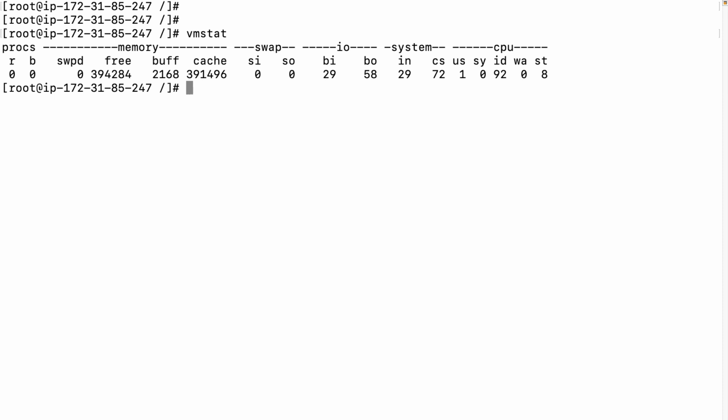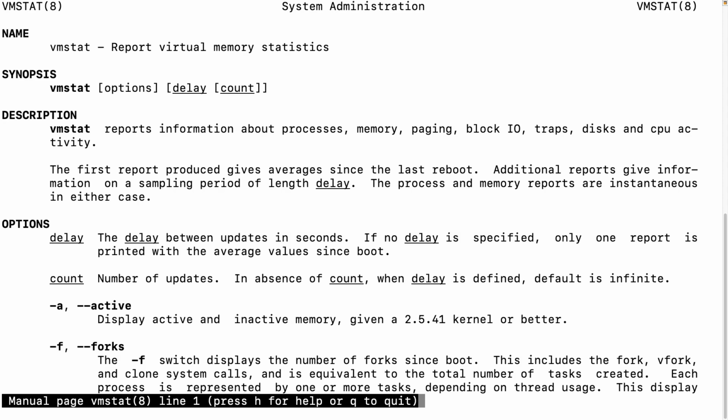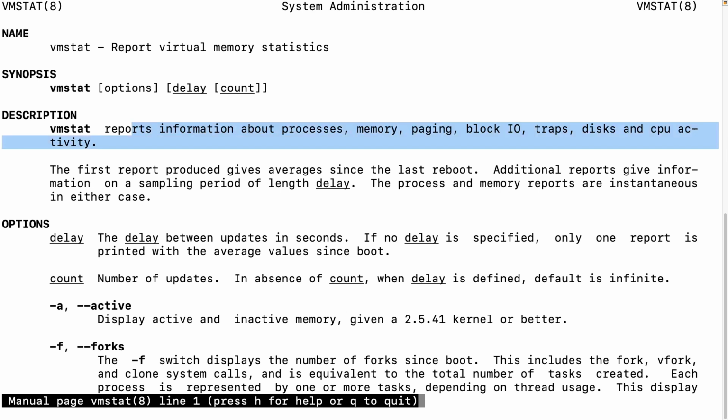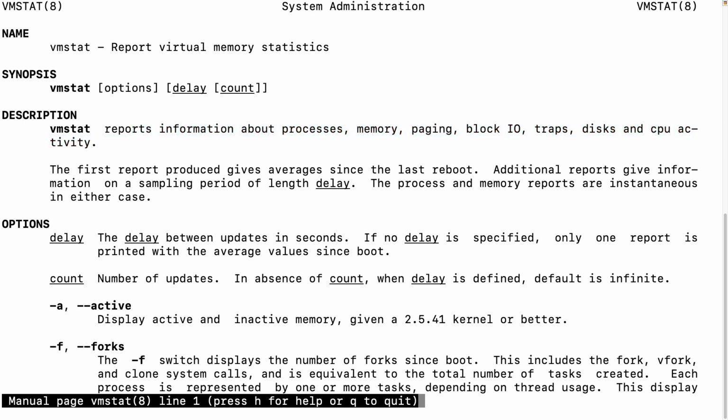Now if you have any doubt about the vmstat command, I'll always recommend you to open the man page for vmstat, hit enter, and you will get a lot of information about that, right? So here you can see vmstat reports information about processes, memory, paging, block input output, traps, disks, CPU activity.